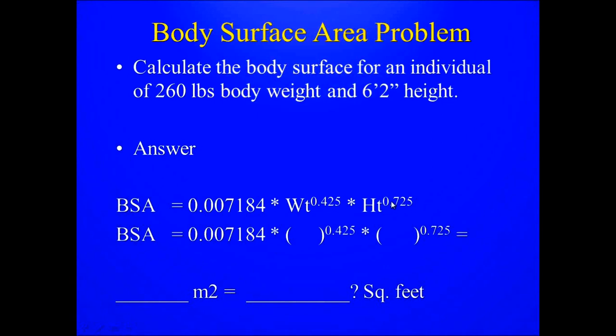The height can be put in here, and so you can calculate the body surface area first in meters and then convert to square feet. Notice that this constant allows you to make that adjustment and use these exponents for the weight and height information that you put in, because obviously we're dealing with weight and height, and yet we come up with a dimension. And in order to get this dimension, you need this constant in order for that to play out.